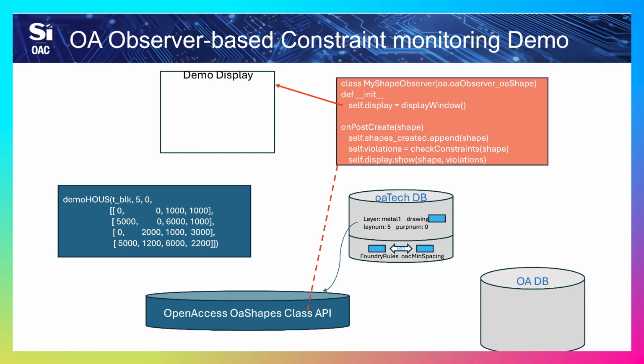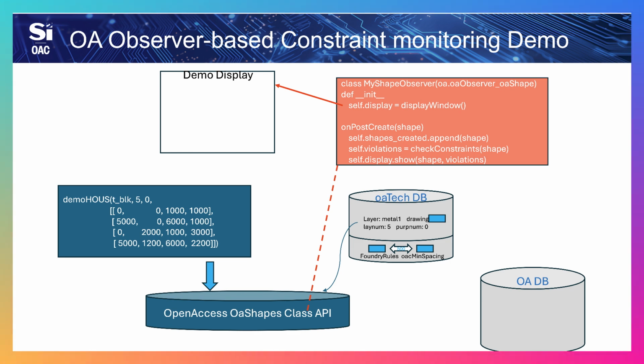Now let's step through how this application works. After setup of the OA TechDB and library and the design, we get our core and we call it. The demo house OA script then calls OA 4 times.